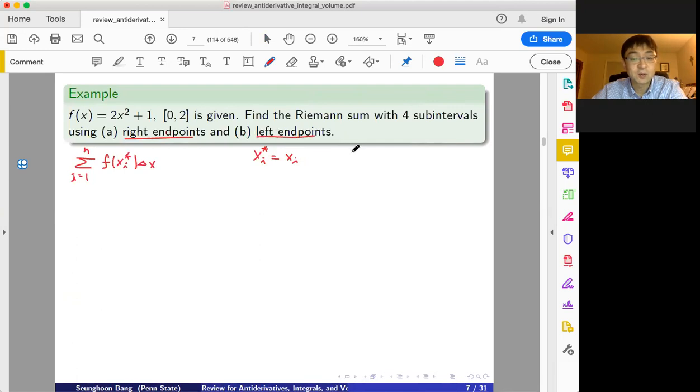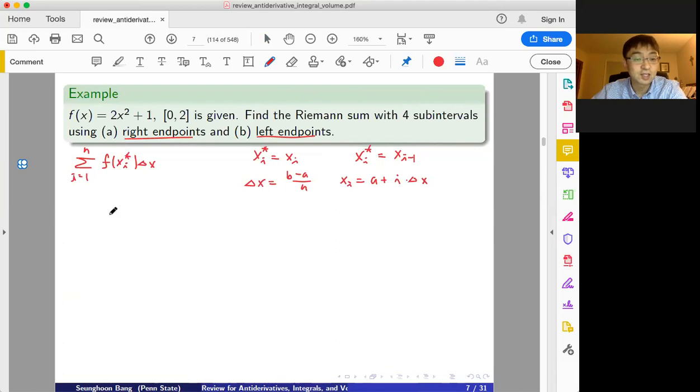For the left-hand point, xi star is xi minus 1. So remember, delta x is b minus a over n. And xi is a plus i times delta x. You need to find these things.